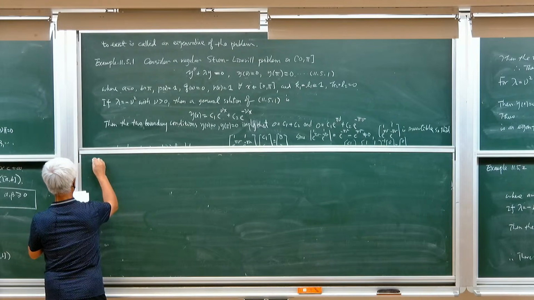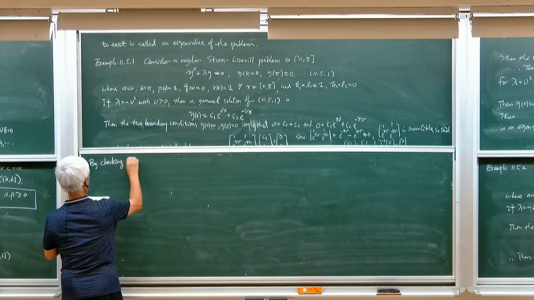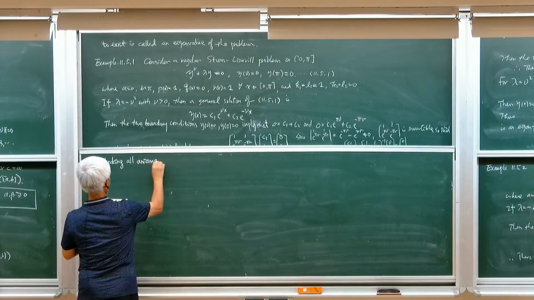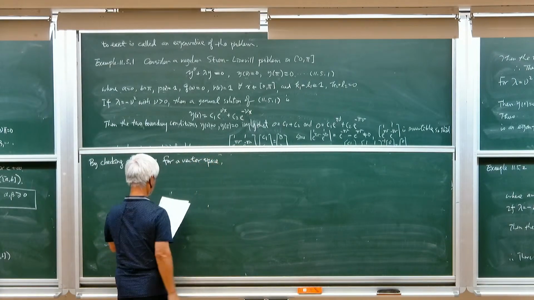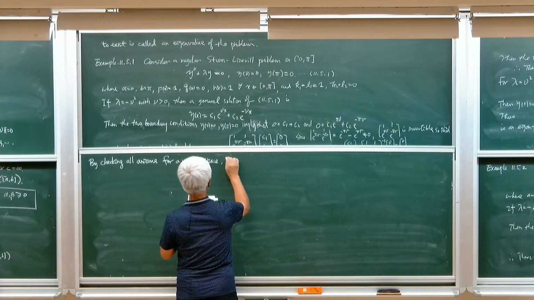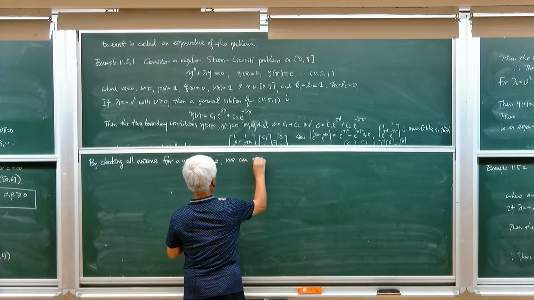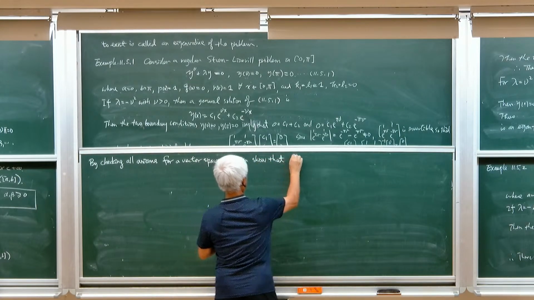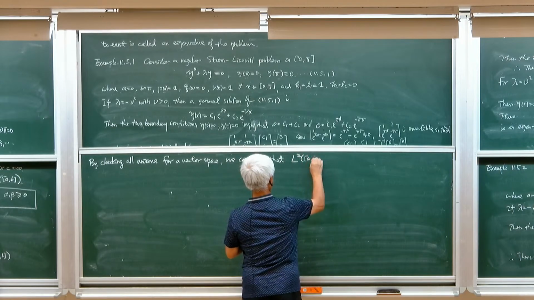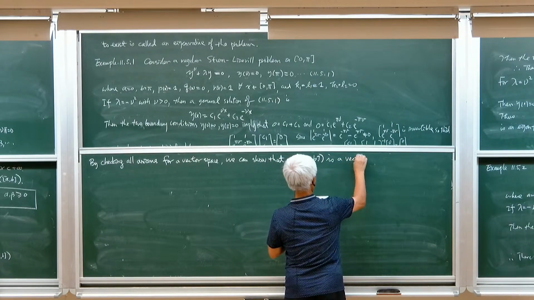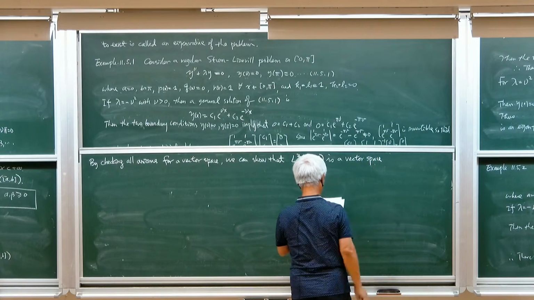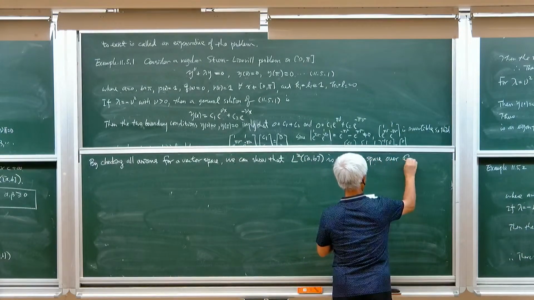Alright, and by checking all axioms for a vector space, we can show that L2 is a vector space over C.